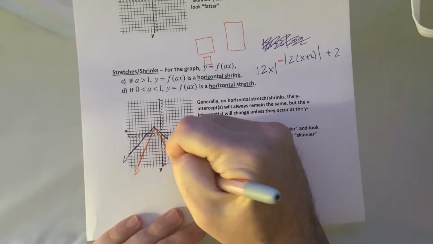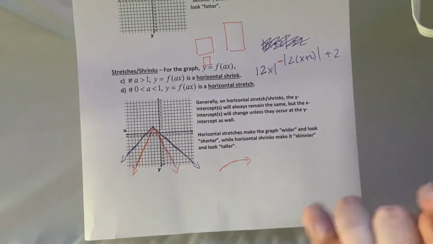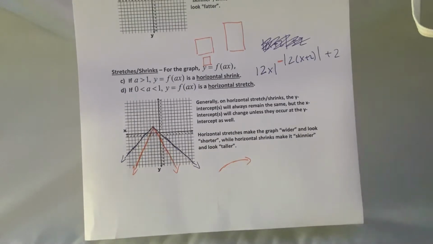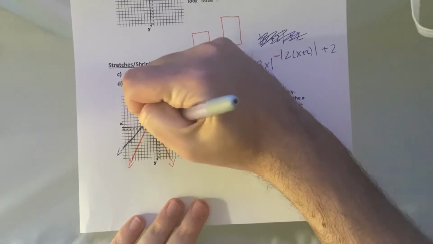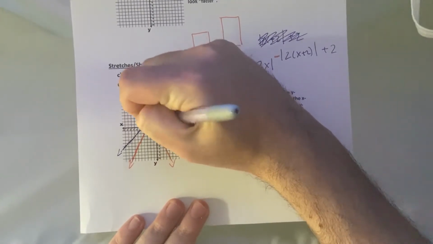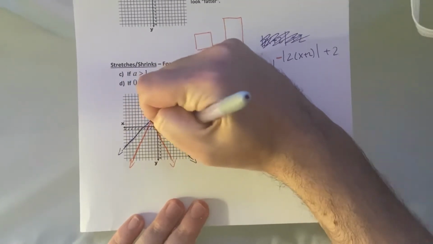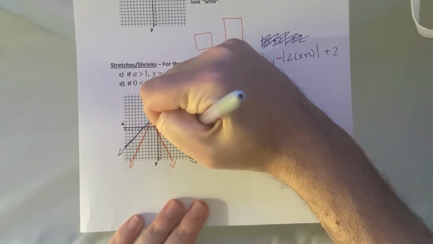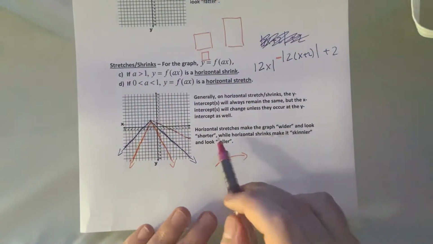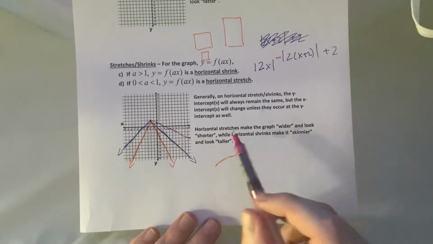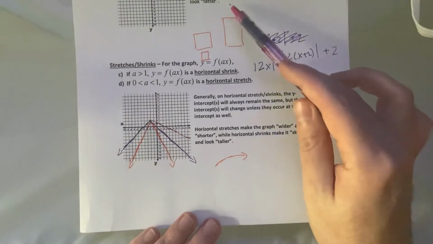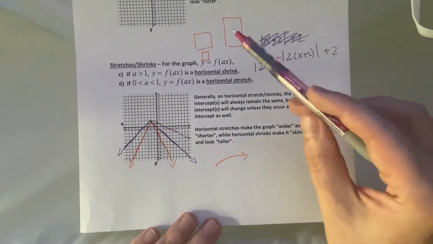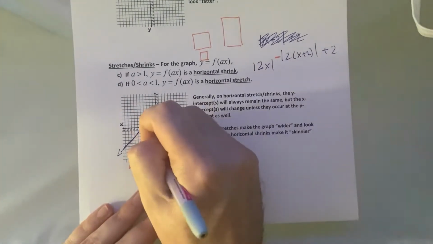A horizontal shrink and a vertical stretch will look the same. Similarly, a horizontal stretch and a vertical shrink can look the same as well. Where the graph is kind of pulled apart faster, it looks the same as it was being flattened. And you notice, I say horizontal stretches make the graph look wider and shorter, and vertical shrinks make it look shorter and fatter, which really means the same thing.